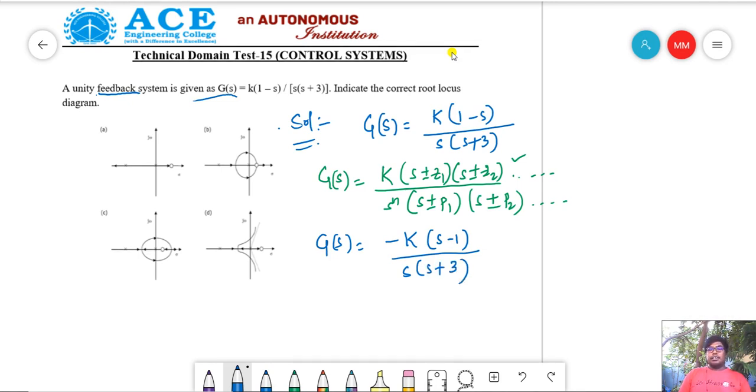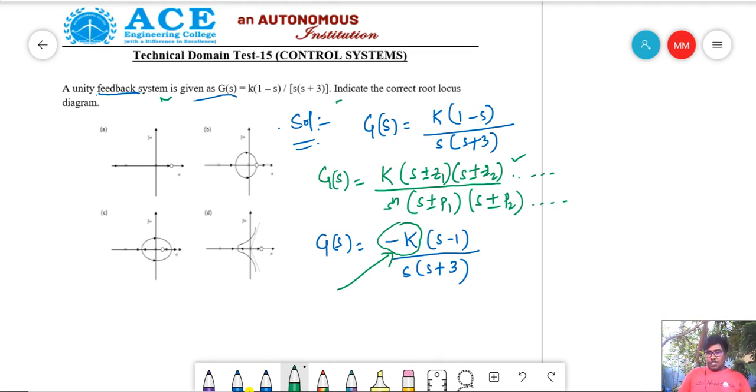Now observe the K value. This particular K value is negative, so it is not a direct root locus. It is a complementary root locus, but nowhere in the question is it mentioned.